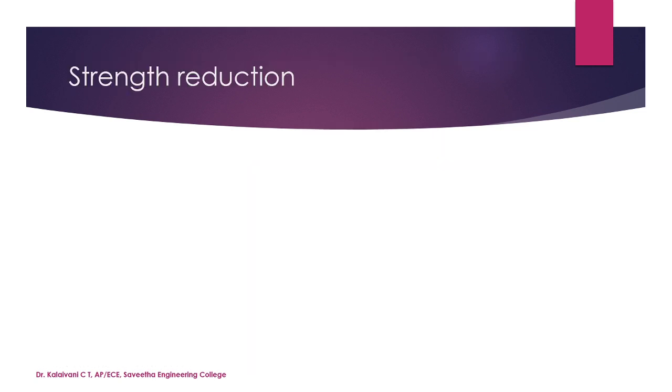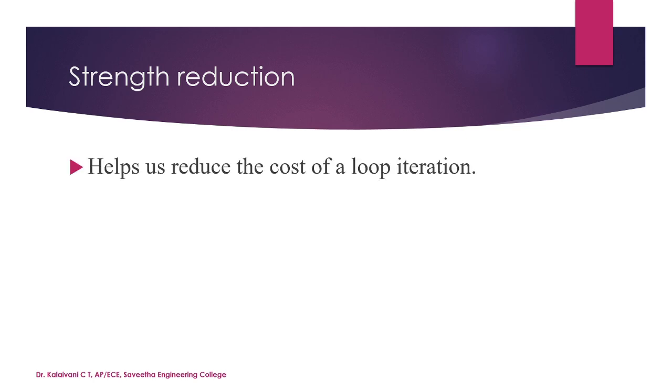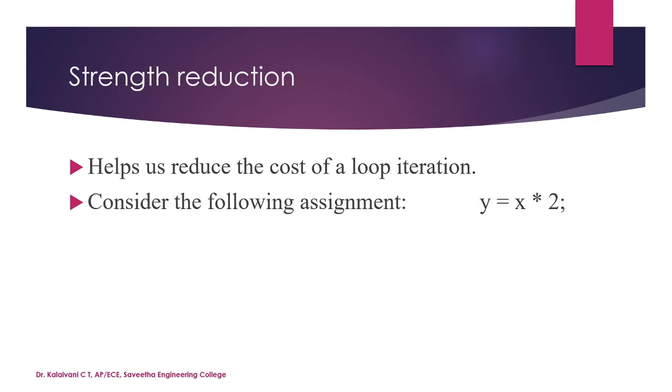Okay. Next is strength reduction. What is strength reduction? As I told, again we are going only with the multiplication operation. To reduce the cost of the loop iteration, for example, we have a command y is equal to x into 2. Now, x into 2 is a multiplication operation, but the same multiplication can be done using the left shift operator also.